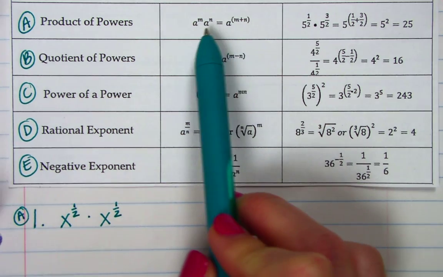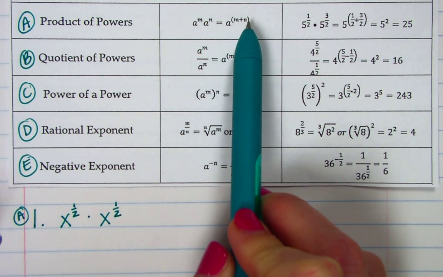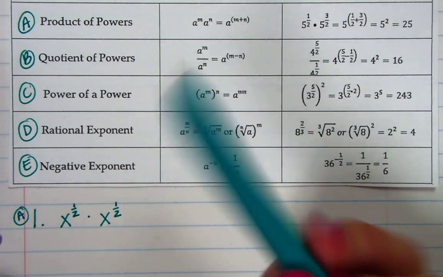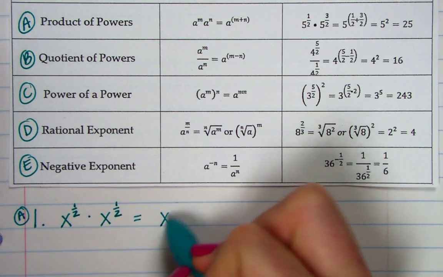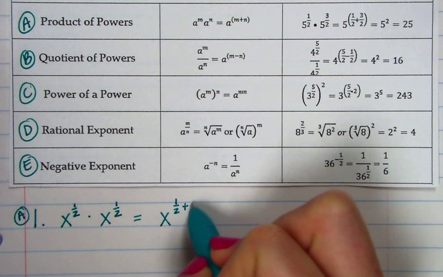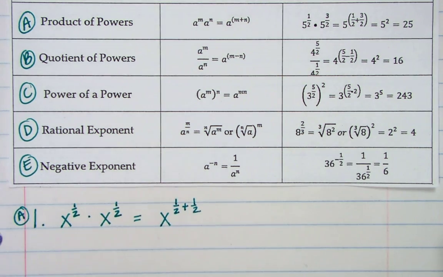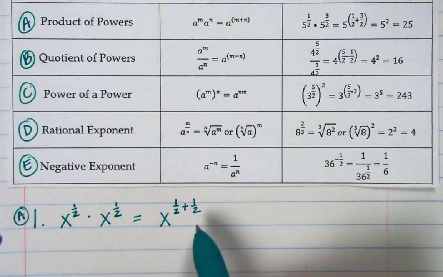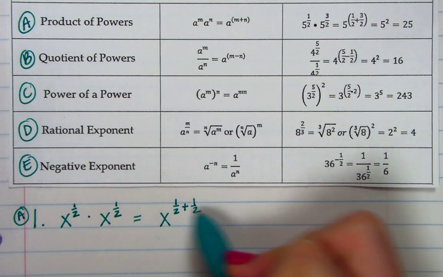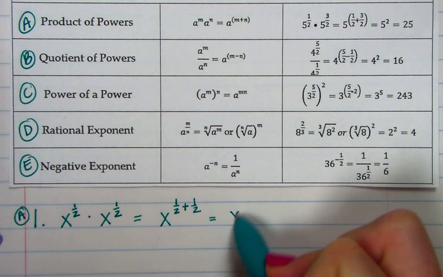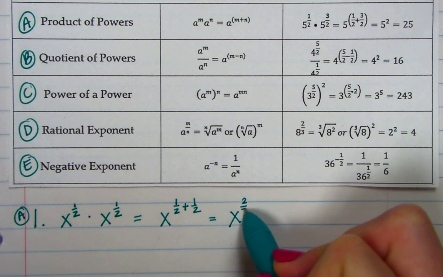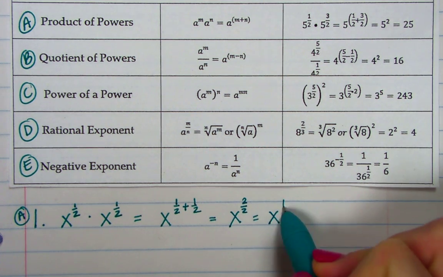And what they did, if you can see, they added the exponents together, m plus n. So when we do it, we're going to keep the same base and add 1/2 plus 1/2. That's why we just did it on our little warm-up. They have the same denominator. We add the tops. What's 1/2 plus 1/2? Right, 1. It's 2 over 2, which is 1.